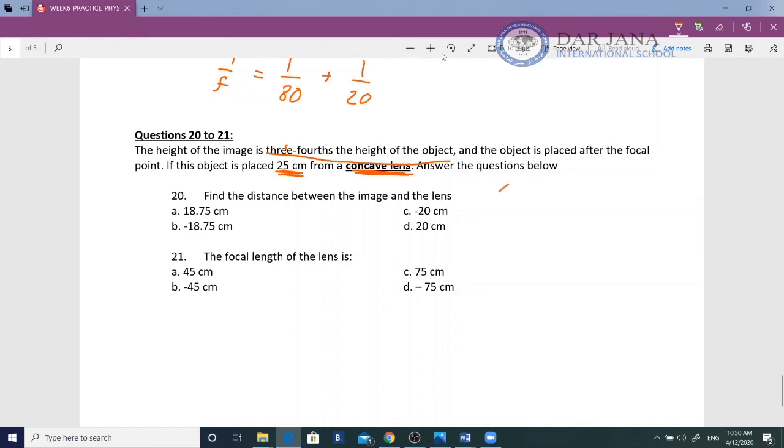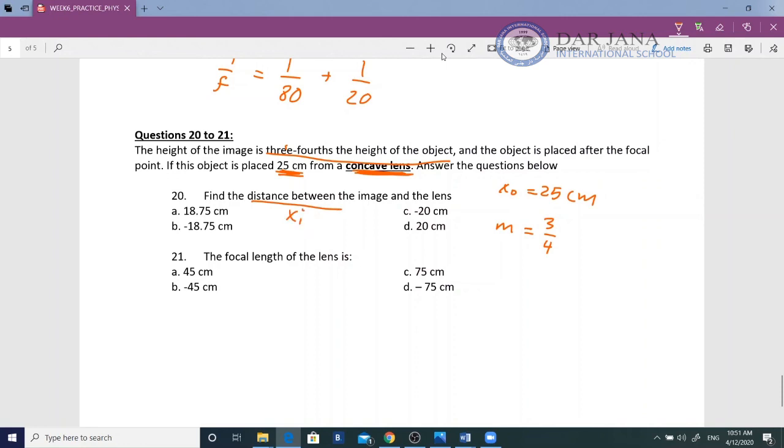So we have XO here equal 25 centimeters. And we have the magnification, it's also positive because it always gives you a virtual image, it's 3 over 4. What is the distance between the image and the lens? We have to find XI.